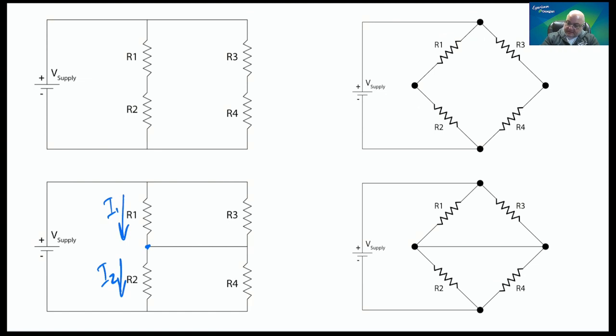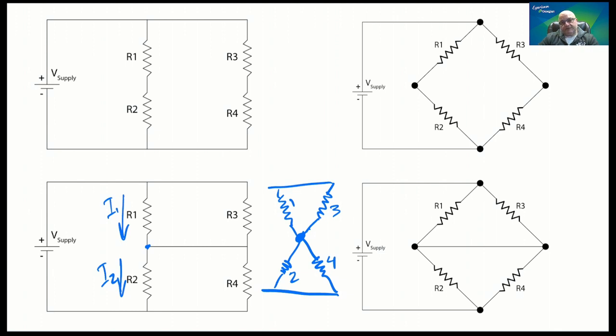So what I'm saying is, it is possible that R1 and R3 would be connected like this to a single point from which R2 and R4 are coming out, like so. So this would be 1, 2, 3, and 4. That's a third representation of the same circuit.